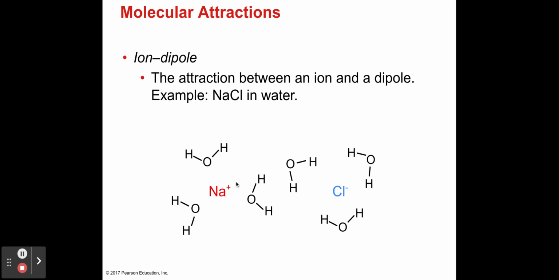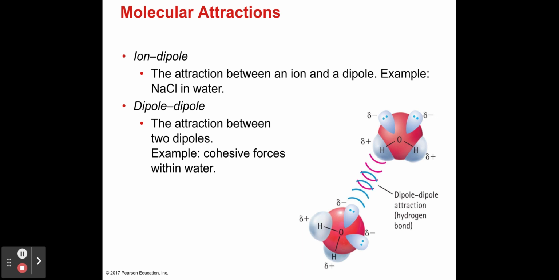The positive end of sodium is going to be attracted to the negative end of water, while the negative end of chlorine is going to be attracted to the positive end of water. So that's what we call ion-dipole. That's exactly what happens when you put salt into water.